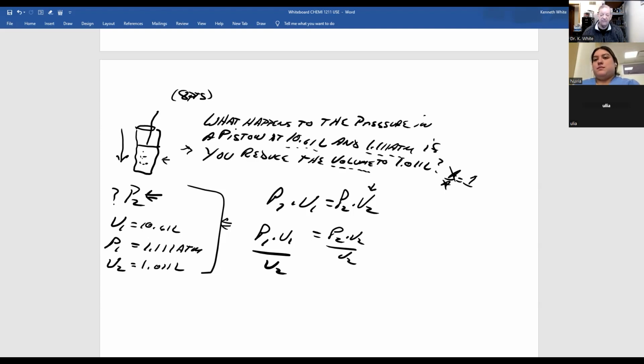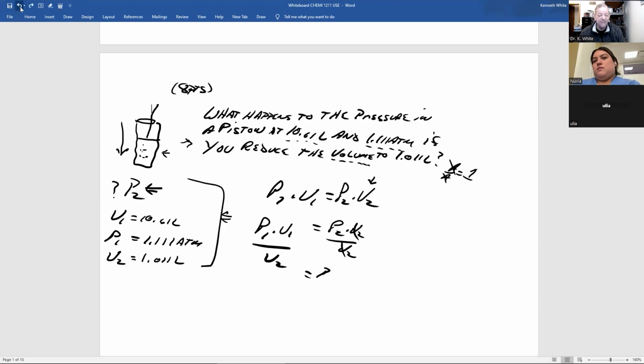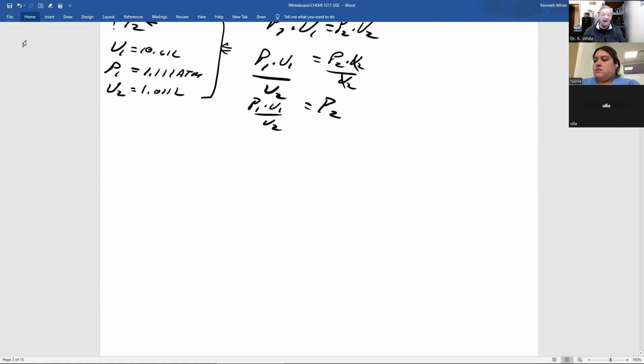And I did. Now, V2 divided by V2 equals 1. 1 times P2 is P2. And this is P1 times V1 over V2. Now, you don't have to do this, but I do because I like it, and I'm going to rewrite it.